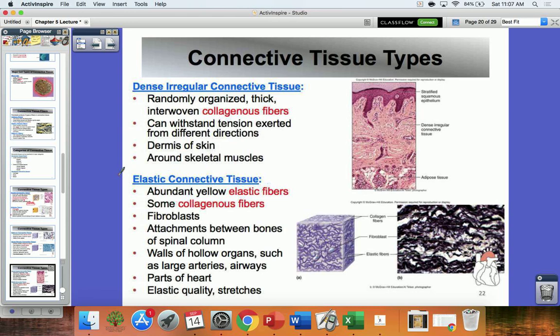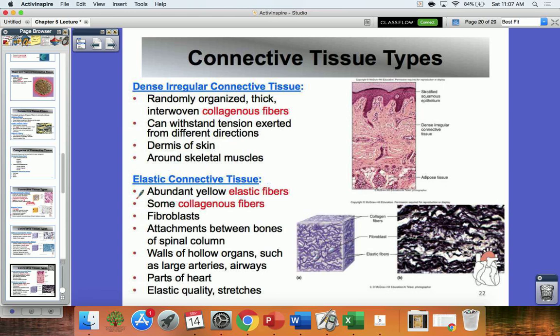Okay. And then we have our elastic connective tissue. Because it's still within this dense, it is going to be closely packed together, but it's made up of, as you can probably guess, elastic fibers. We do have a bit of collagen fibers there as well, but mostly our elastic fibers. So that means it can bend a little bit. We have a little bit of give.